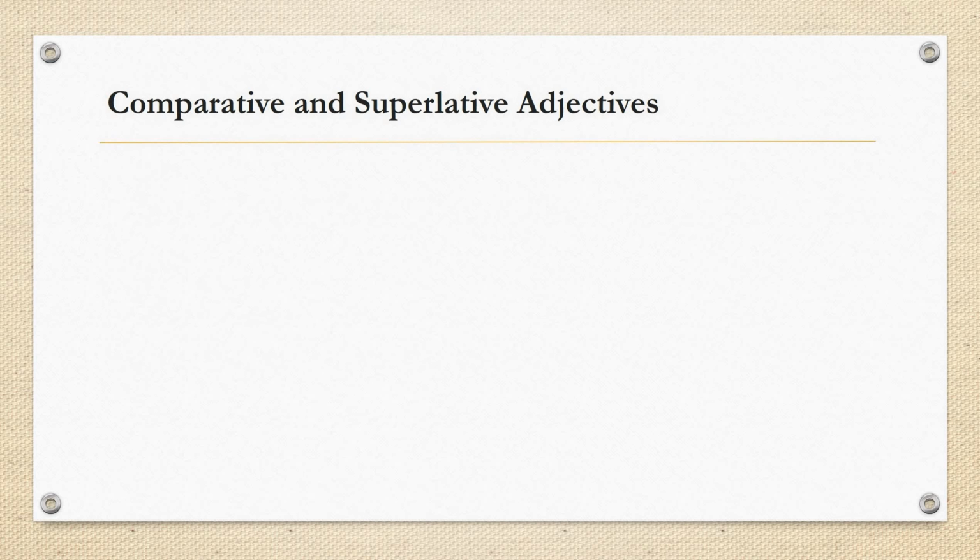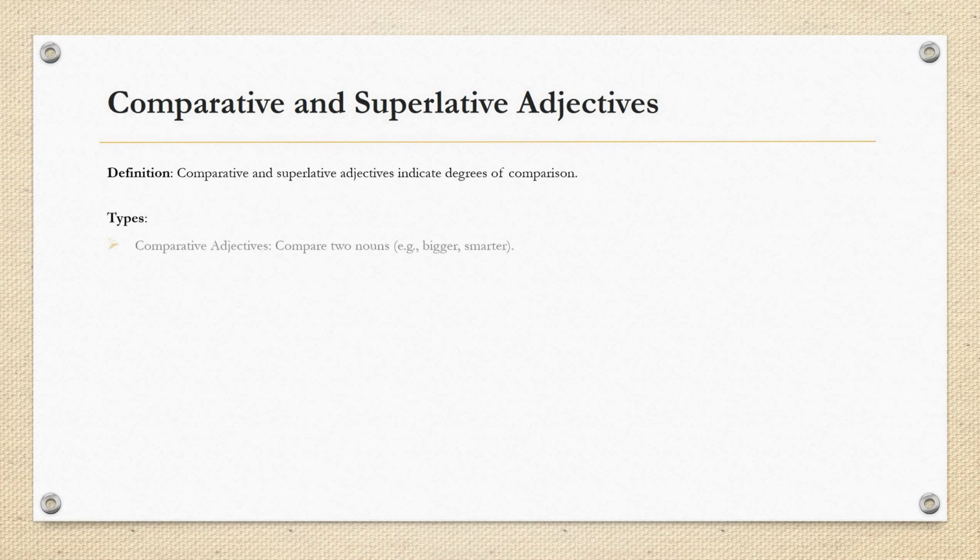Comparative and superlative adjectives. Comparative and superlative adjectives indicate degrees of comparison. Types: comparative adjectives compare two nouns, for example, bigger, smarter. Superlative adjectives indicate the highest degree or extreme among more than two nouns, for example, biggest, smartest.